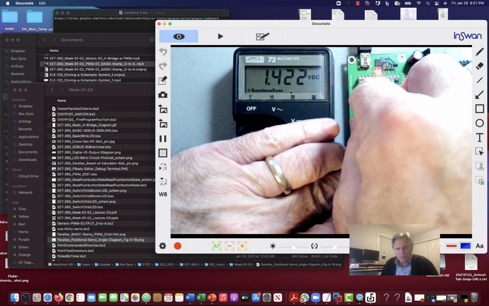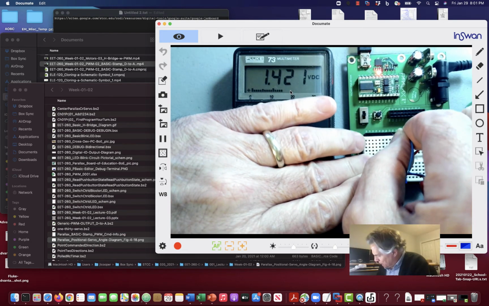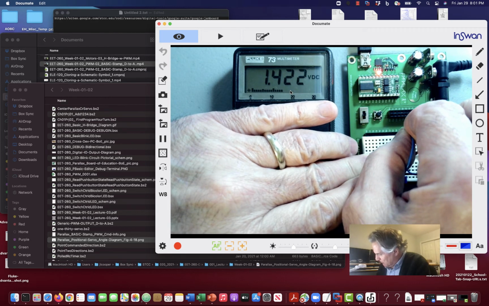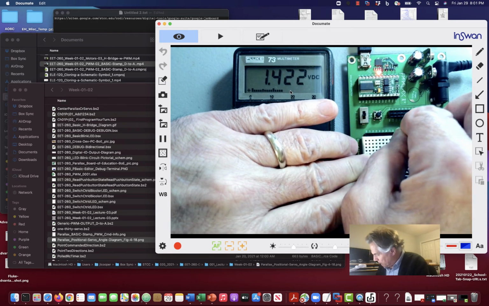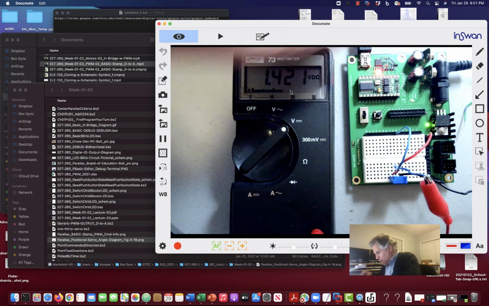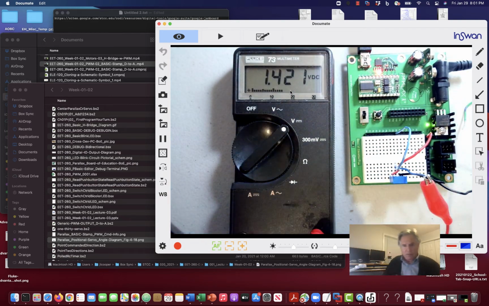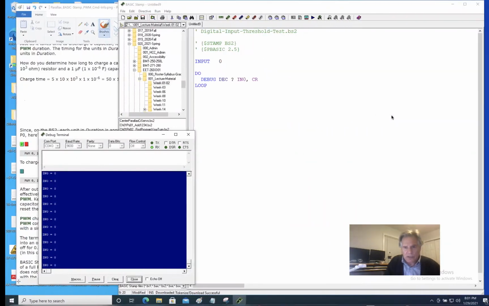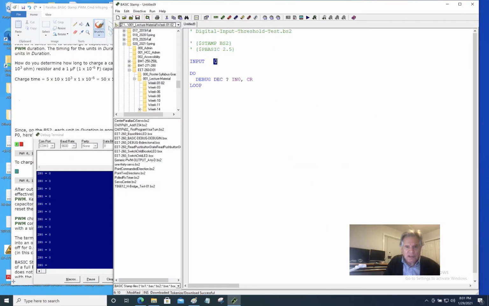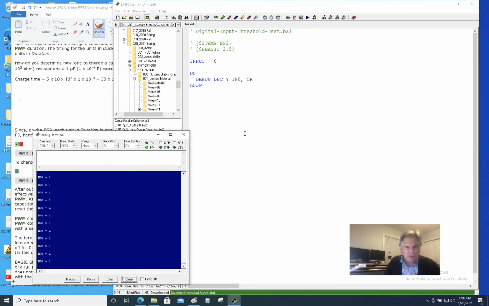We can try a different input, like P8. I think that's input 8. One way we can tell is to change our code and ask for the value on input 8.